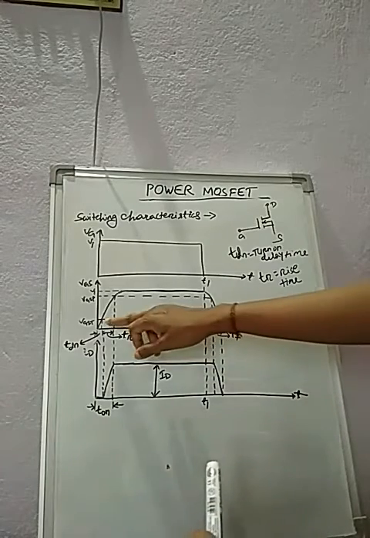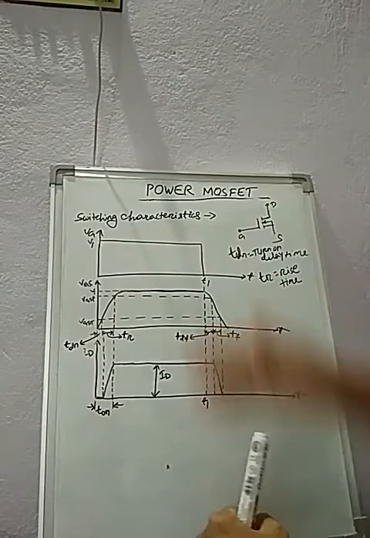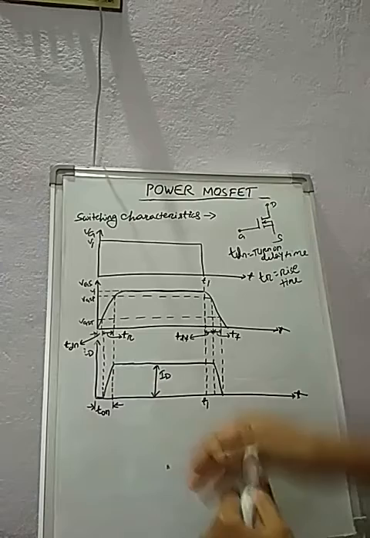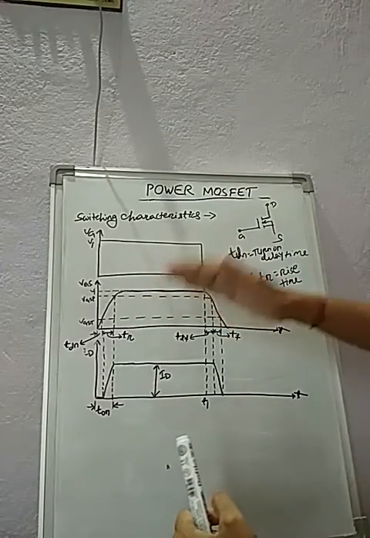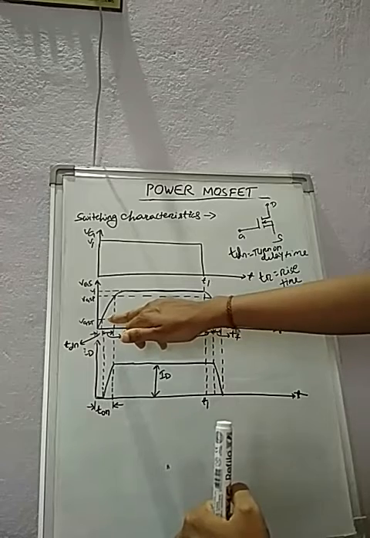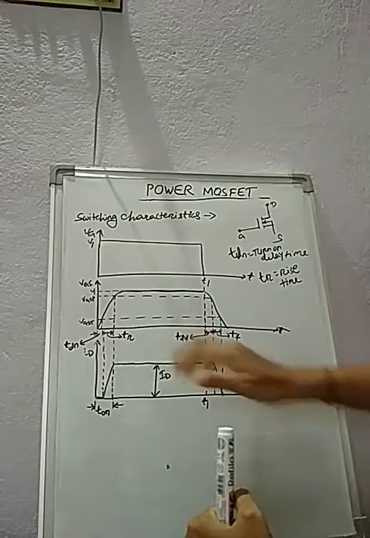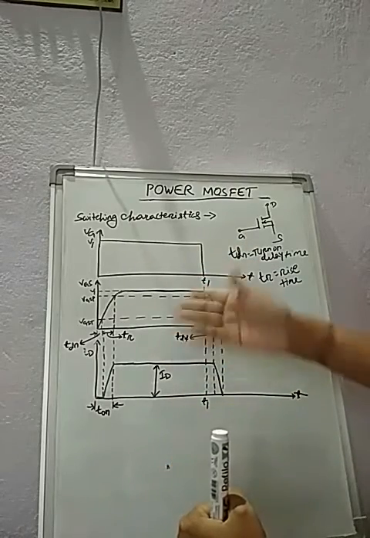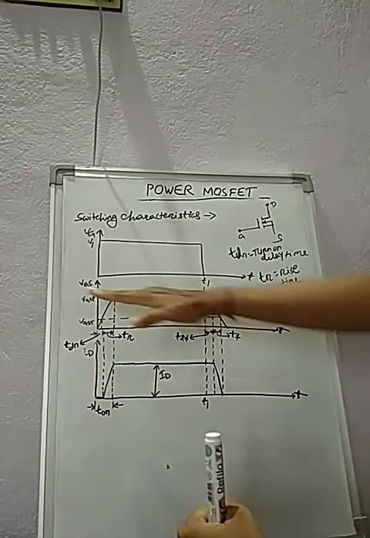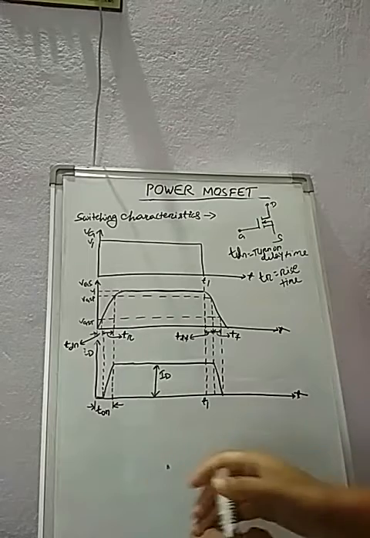After the VGST threshold level, the device turns into the on state. That means from VGST up to VGSP, the device is driven into on state. So this VGSP is one type of peak level, the gate source voltage peak level.